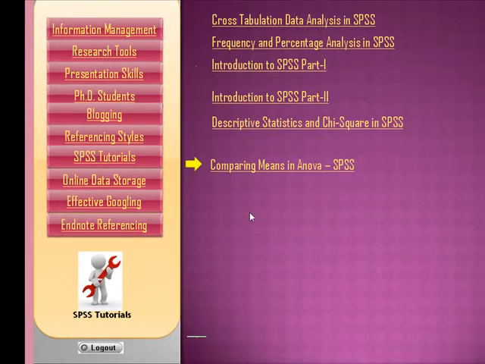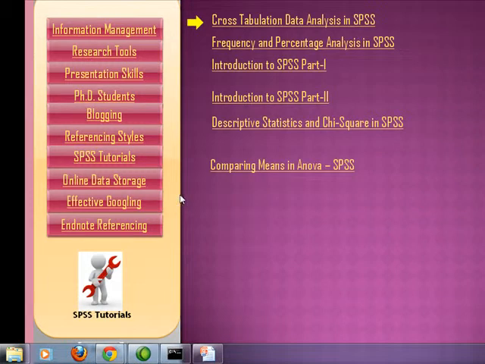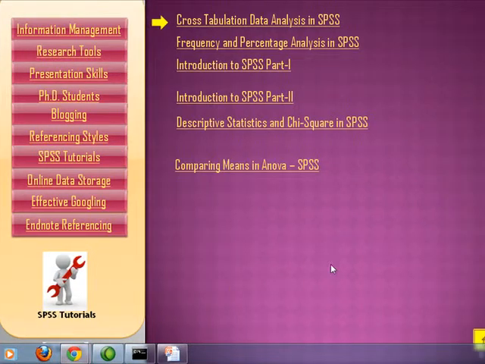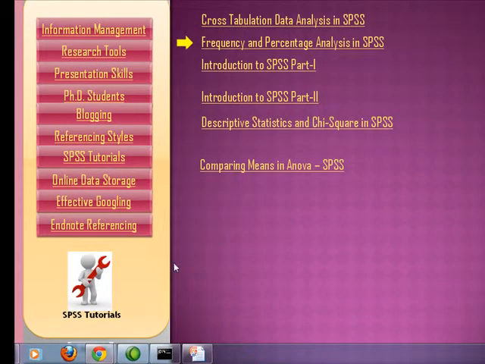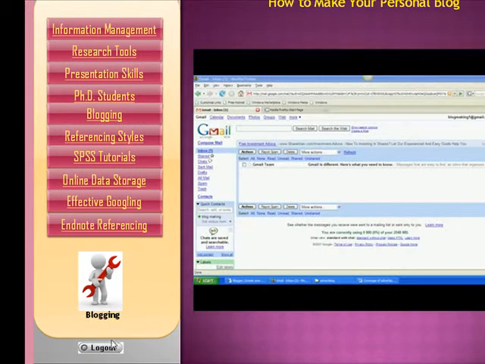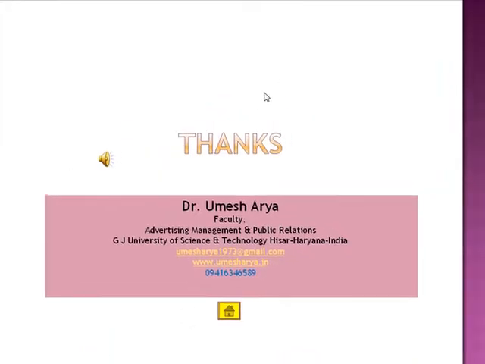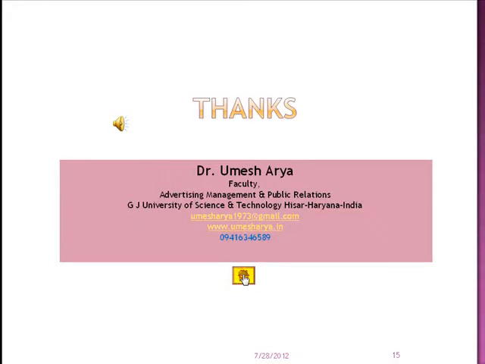And at any point of time if you want to log out from this electronic manual, then you have to just click the log out button and you will be logged out. And if you want to again go back to the presentation, just click this.